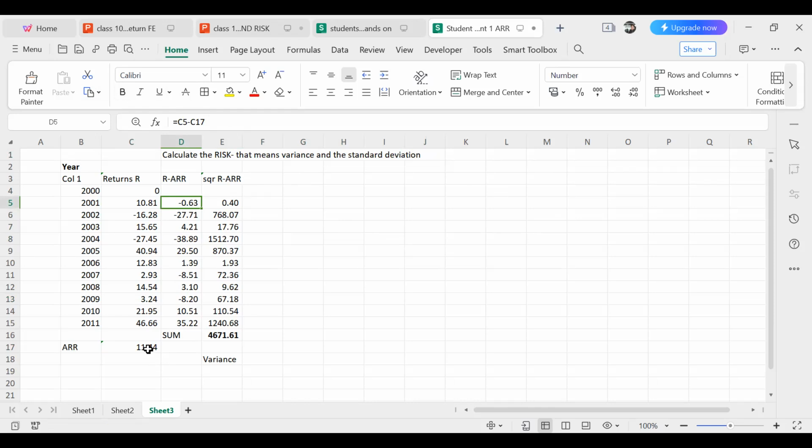In this case, it is 11.44. That means the deviation of every return from 11.44. After that, you are squaring it. So the square of the first one, 0.63 squared, 27.71 squared. We have taken the squares and then the summation. Whatever steps you have written, we have followed. Yes or no? What is the answer?